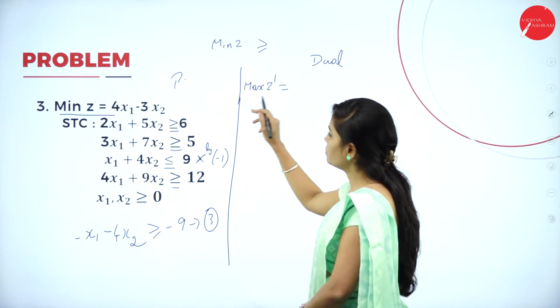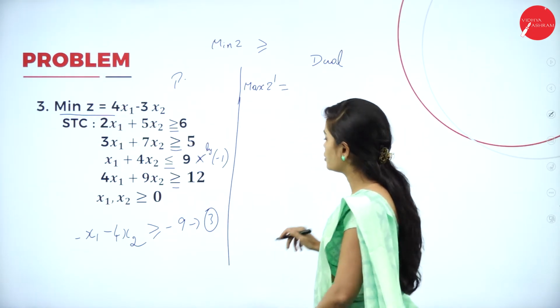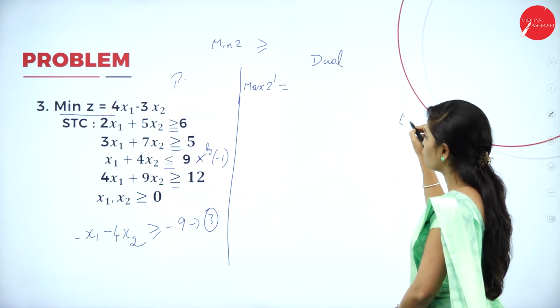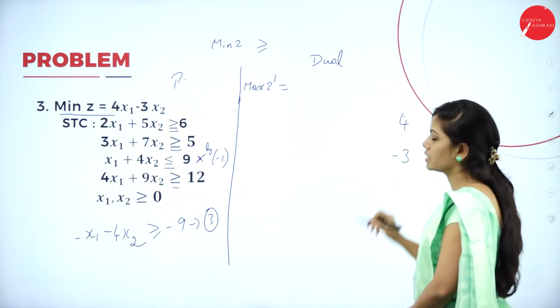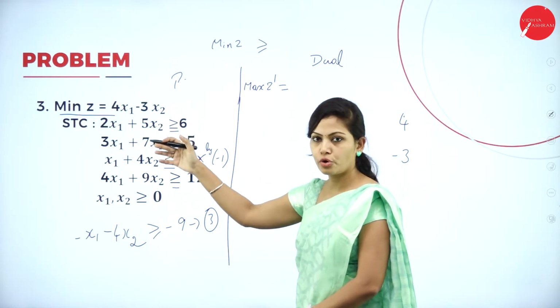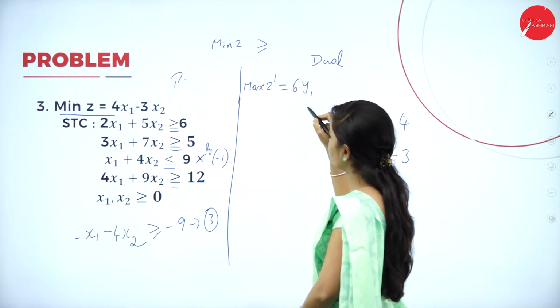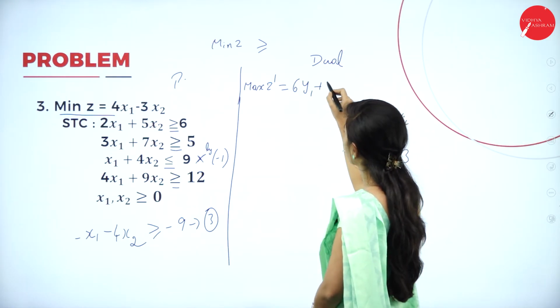All the coefficients of the objective function become RHS values, so the RHS values are 4 and minus 3. And all the RHS values become the coefficients of the objective function: 6y1 plus 5.